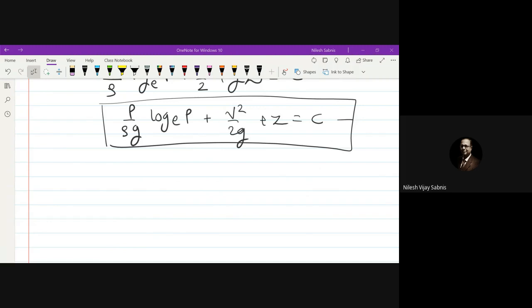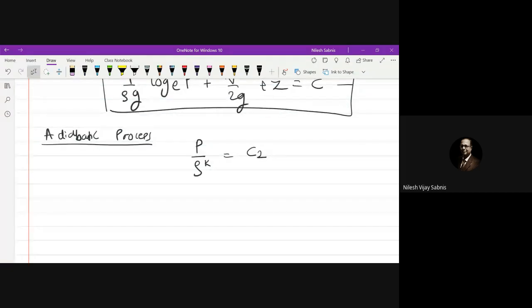Then the adiabatic process. If we consider the adiabatic process, only the change: P by rho raised to K is now constant, and let's say it is C2. So what you will get next?